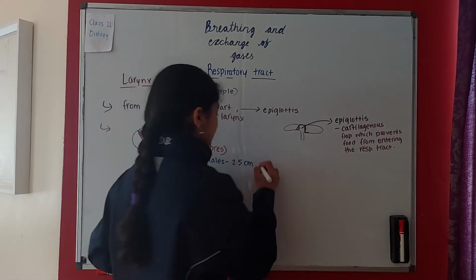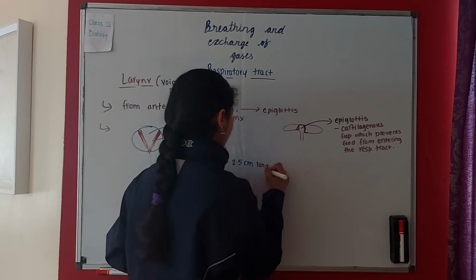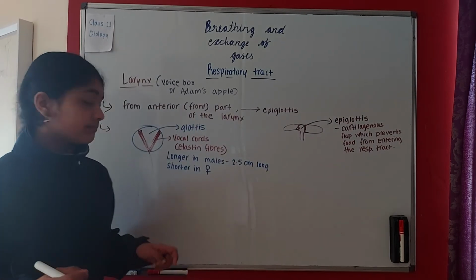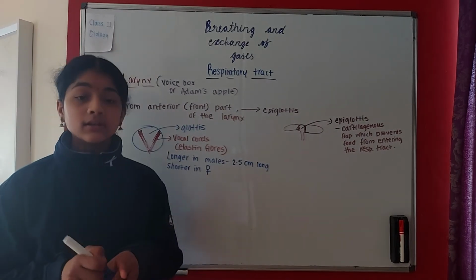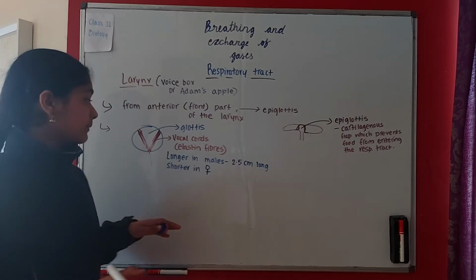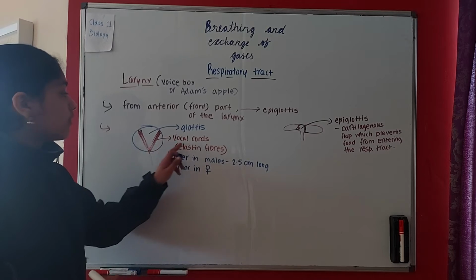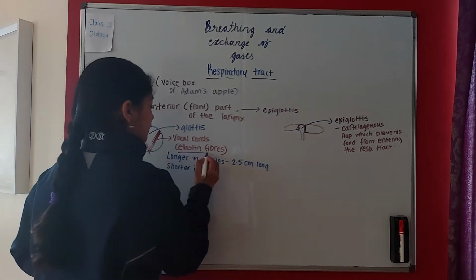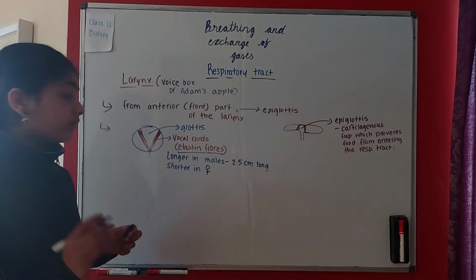It's a bit longer, but in females it's a bit smaller or shorter. So this is about the vocal cords in males and females, and the vocal cords are made up of elastin fibers.